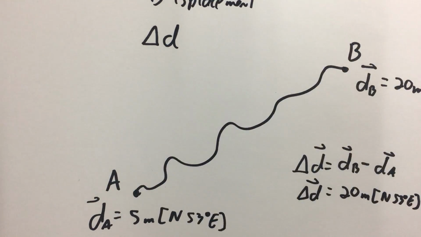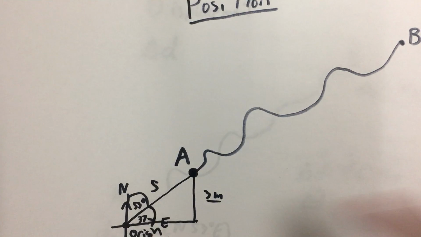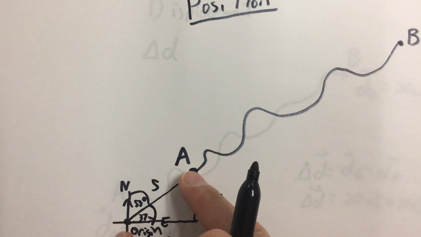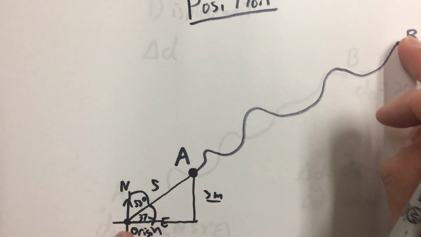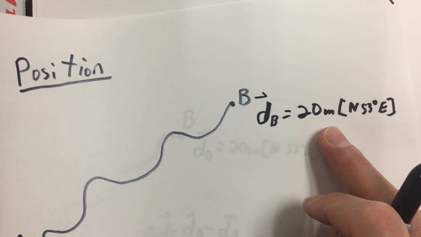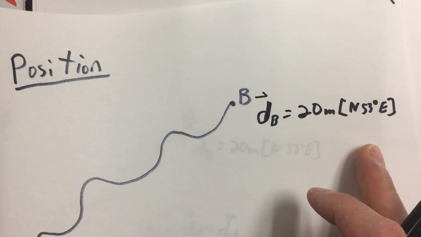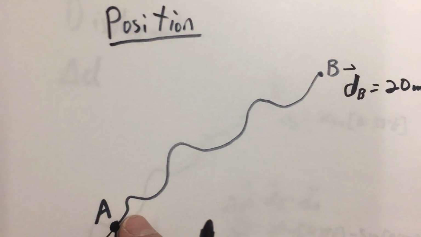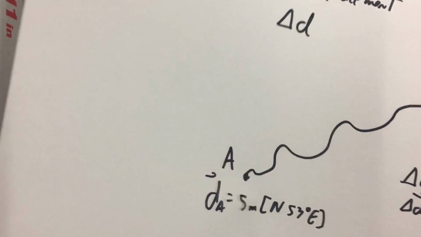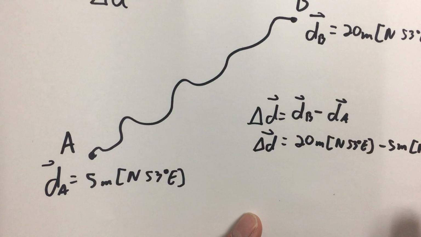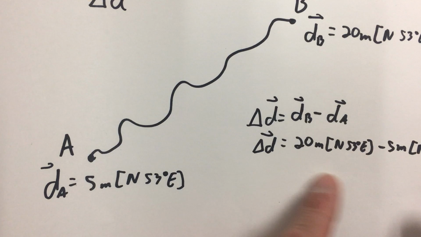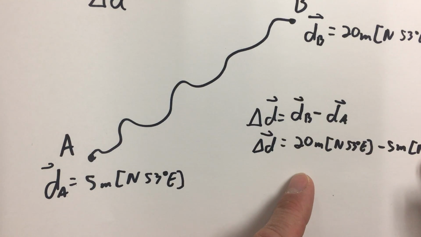The initial position was 53 degrees east of north of the origin, and the final position was also 53 degrees east of north of the origin, meaning you start out north, rotate 53 degrees east, and you're looking at both position A and position B. Because they happen to be along the same line, and those angles are the same, and the compass references are the same, we can subtract these vectors with simple arithmetic.